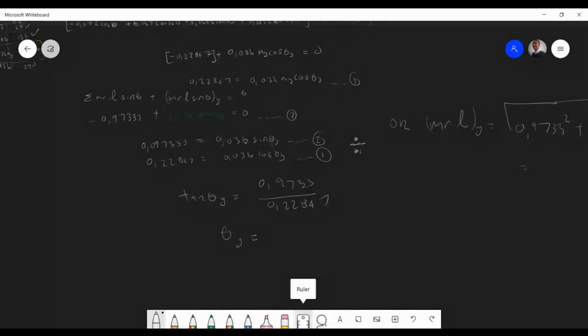Remember it's 0.00. You see 0.00. Yeah, you get 23.074 degrees.